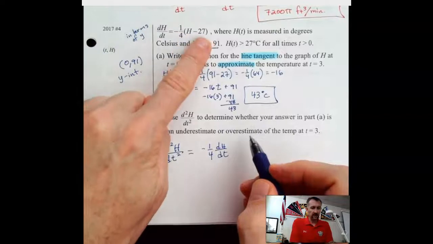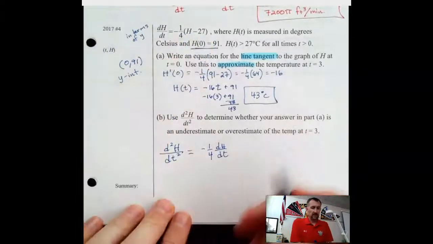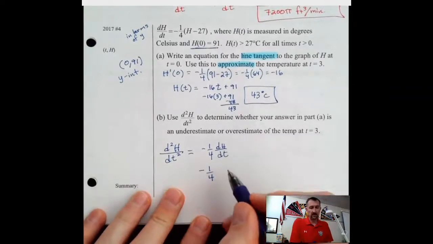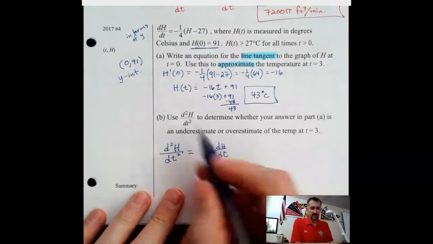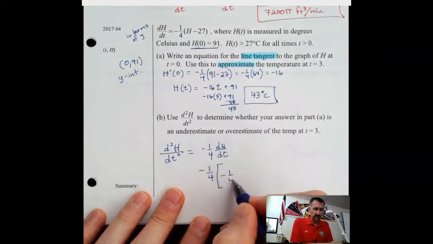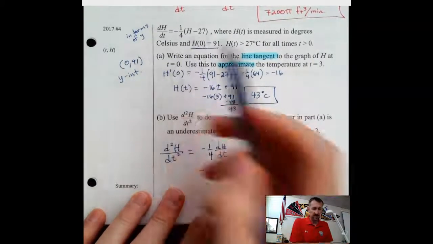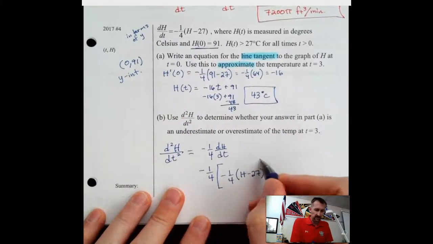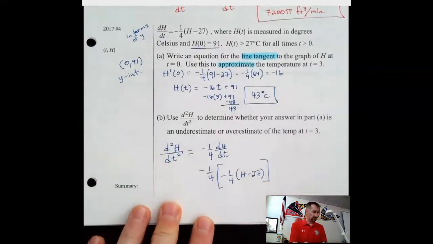And then the derivative of that's a constant, so that's 0. Now the trick here, and we've had this in some notes and things, is we have to substitute that back in. So the derivative of h, dh dt, is right there. So if we plug that back in, we have this.